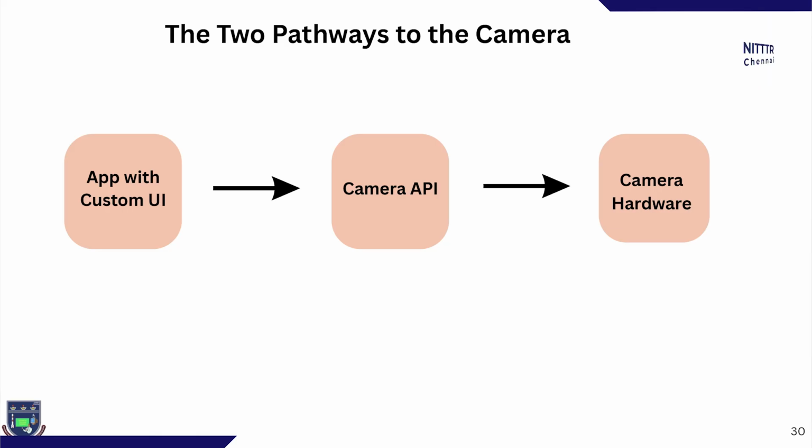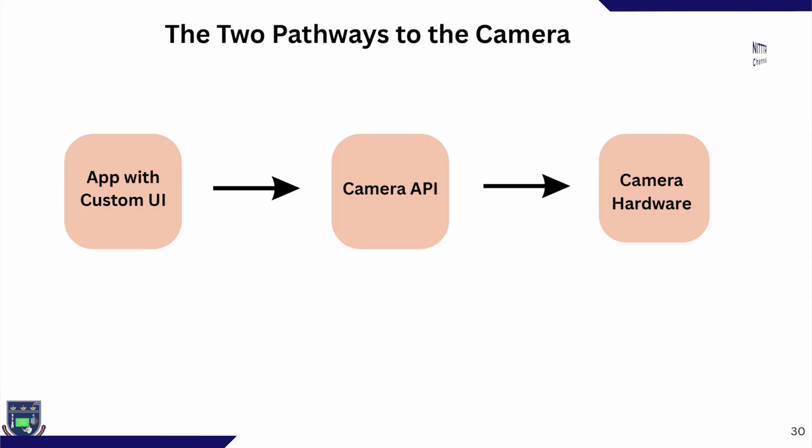The second, more powerful approach is to create a custom camera view. Here, you use the device camera API directly, like Camera2 on Android or AVFoundation on iOS, to build your own camera interface within your application. The pro of this one is total control. You can design the shutter button, create a custom viewfinder, add real-time filters or build a specialized scanner.